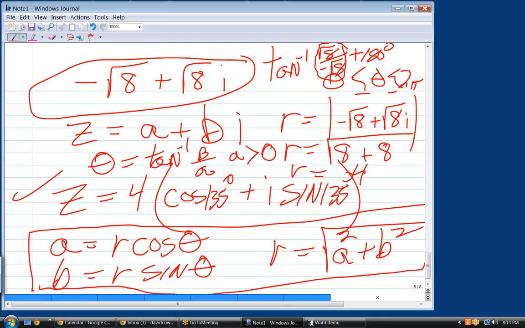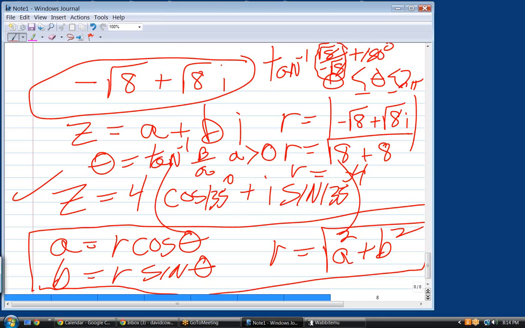Let me just make sure. Hold on. Yep, that's exactly the way they do it. Okay. That's the way we want to do it. This concept of this inverse tan is nowhere in this book.